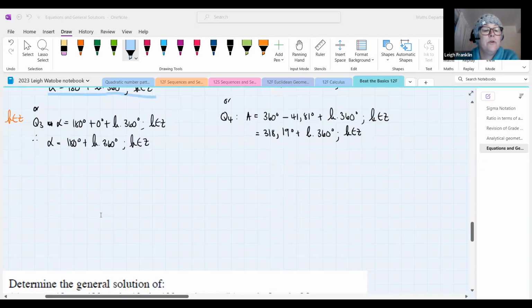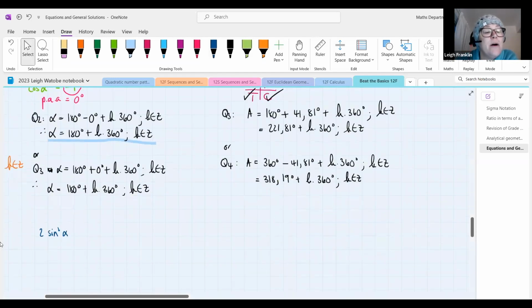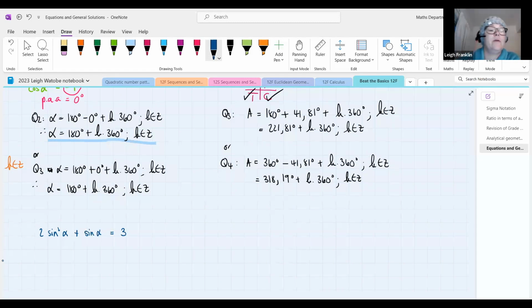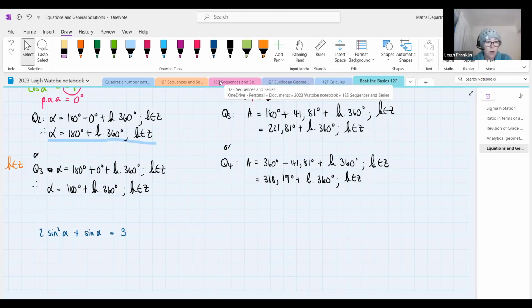So 2 sine squared alpha plus sine alpha equals 3. Okay, so we're going to do a general solution here as well.